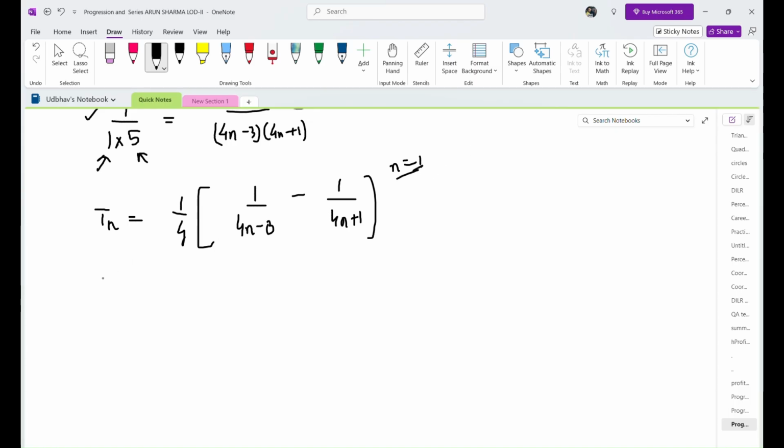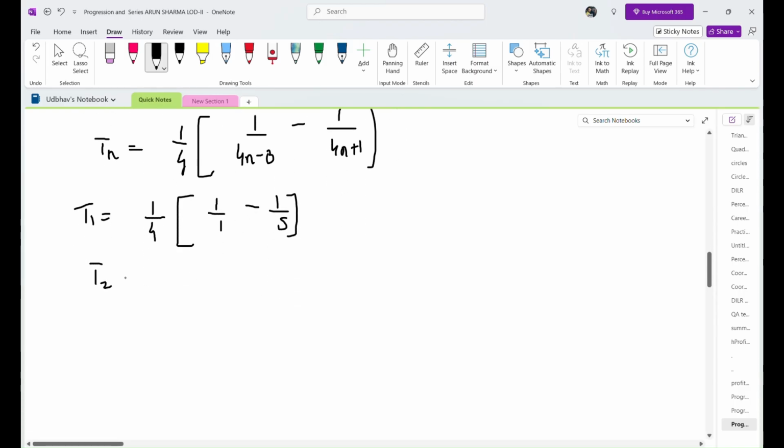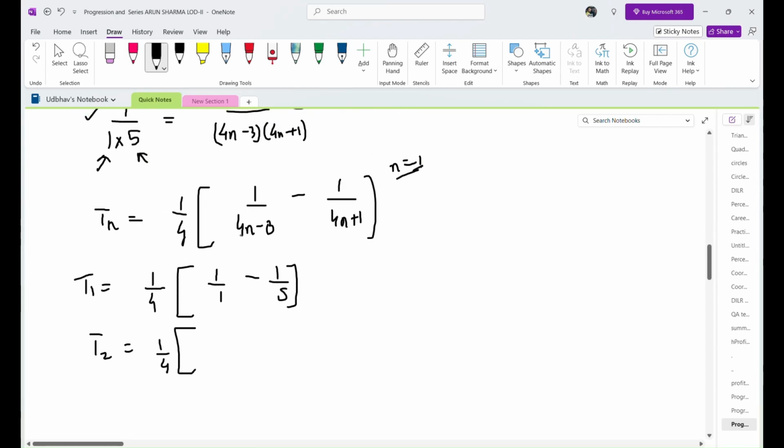At n equals 1, we'll get T1 = 1 upon 4, (1 upon 4 minus 3, minus 1 upon 4 plus 1, 5). What will be T2? 1 upon 4, (1 upon 4 into 2, 8 minus 3, 5, minus 1 upon 4 into 2, 8 plus 1, 9).